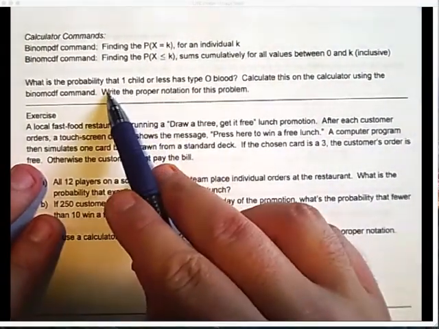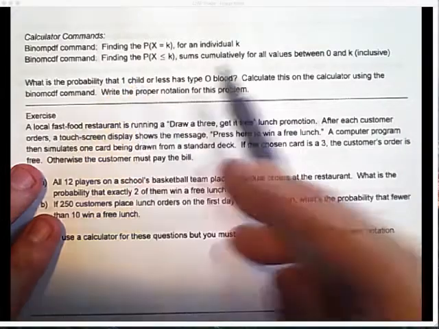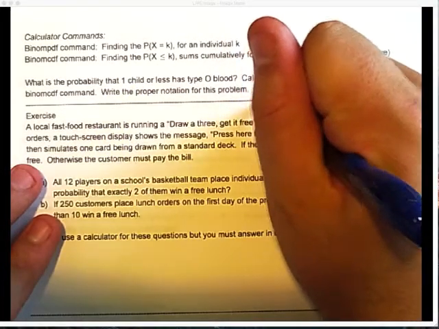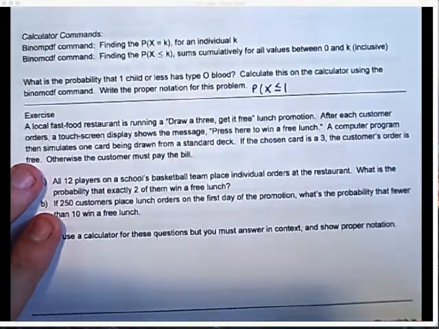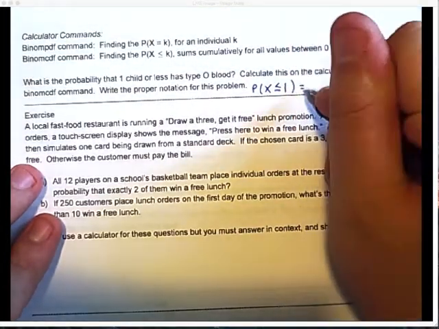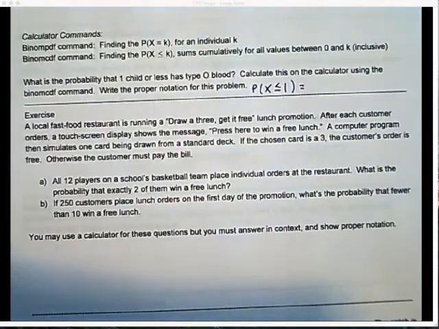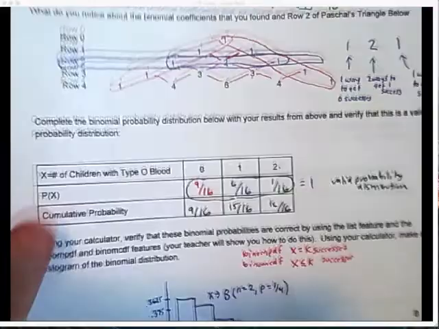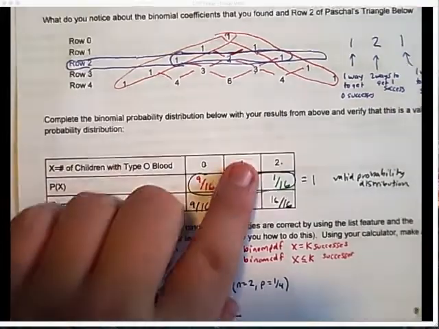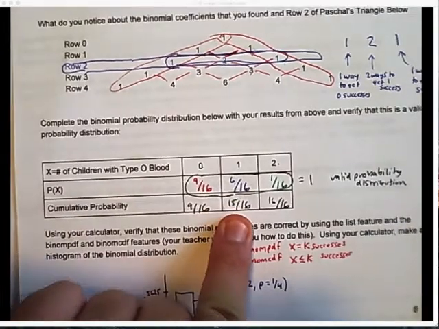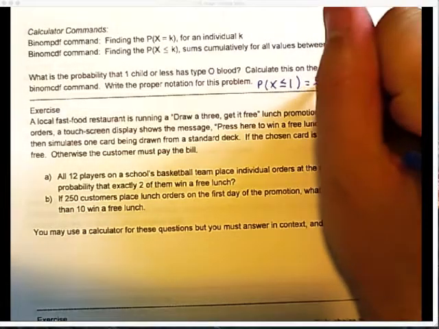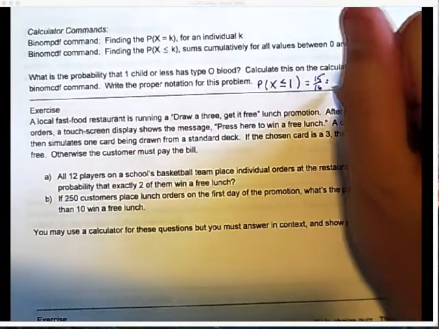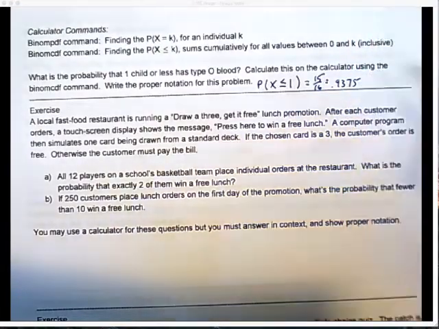So let's answer this question. It says, what's the probability that 1 child or less has type O blood? That means the probability is x is less than or equal to 1, because that means 1 or less. All right. So how would we do that? We would look at our cumulative probabilities of 1 or less, and there's 15/16, or 0.9375.